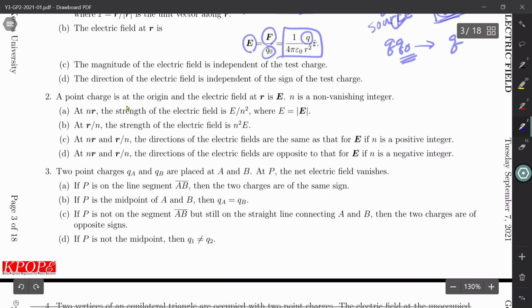A point charge is at the origin, and the electric field at r is E. n is a non-vanishing integer. Okay. A point charge Q is at the origin. There's a vector r, and at this point you measure the electric field.